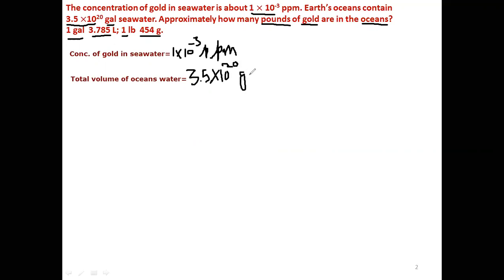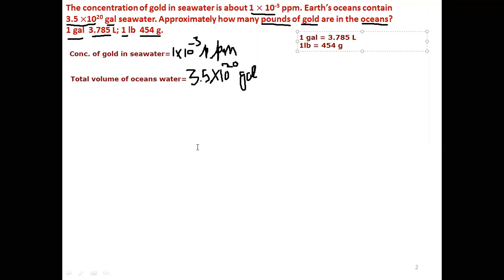So it is given in gallons. We are also given some conversions that we will also write here. First conversion is 1 gallon, that is equal to 3.785 liters. Second is 1 pound, that is equal to 454 grams.